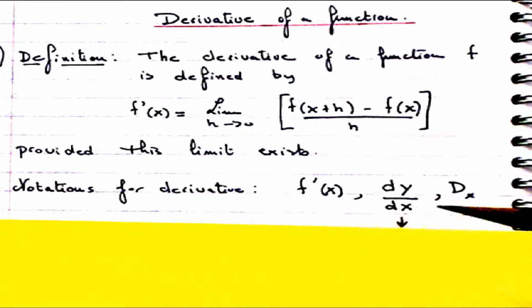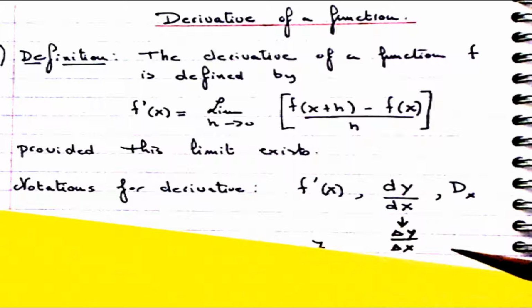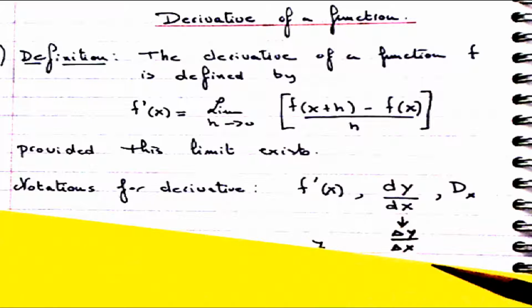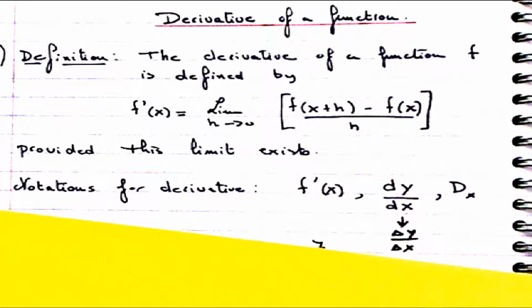Now dy dx stands for the change in y over the change in x. Well, that looks like slope to me, right? A change in y with change in x represents the slope, so it's the derivative.